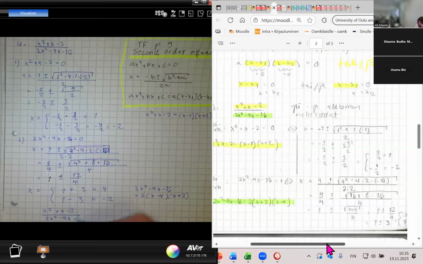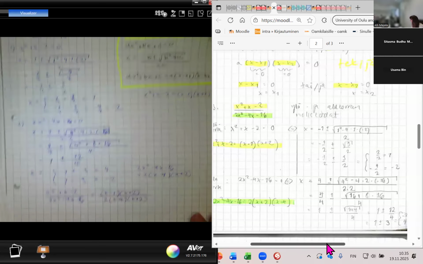I still remember it. This is now the upper part, the numerator, maybe, called. And then the down part.